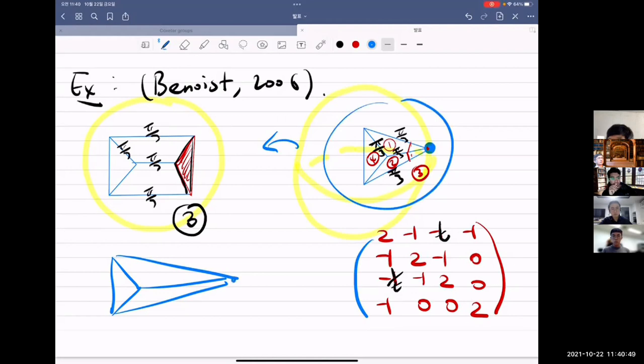So then what happens is that these 3 reflection vectors correspond to this face, and this one. Then there is a hyperplane which contains these 3 reflection vectors.